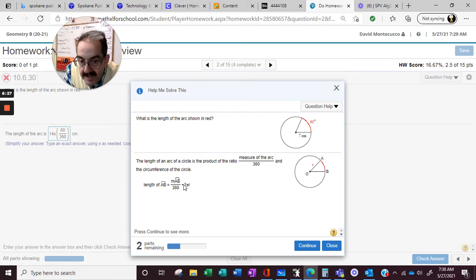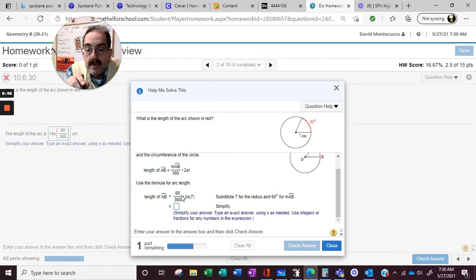Once you find the distance around the circle, and this one was 7, 2 times 7 is 14 pi. 14 pi all the way around. The key is to find the percent of the whole. We only want 60 of the 360. So, here's the 14 pi, the 60 of the 360.